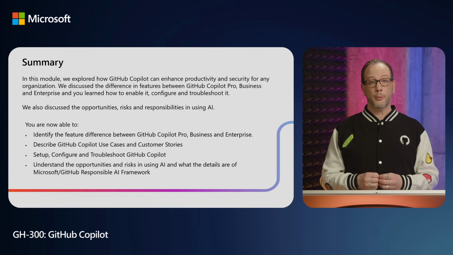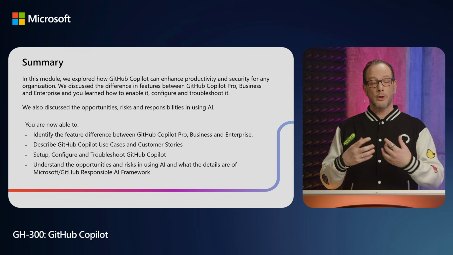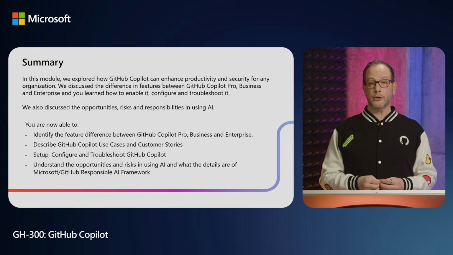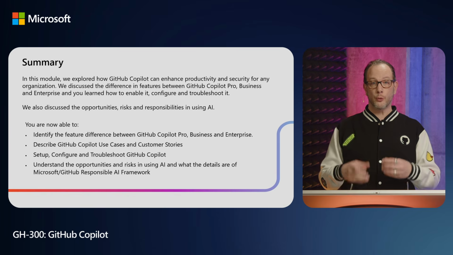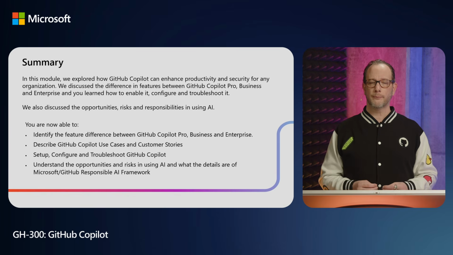This concludes this specific module. We built a solid foundation in GitHub Copilot, understanding its plans, the setup, use cases, and governance features. We've seen how Copilot improves productivity, supports responsible AI practices, and integrates into real-world development workflows.